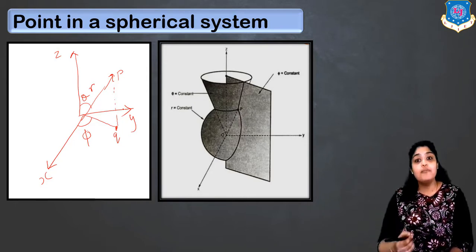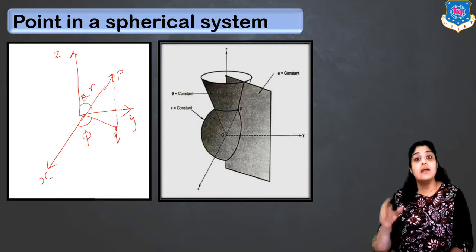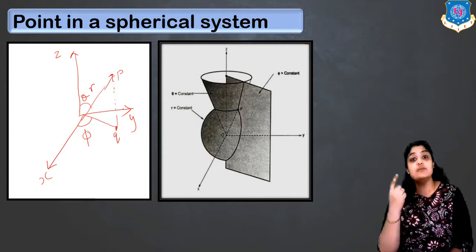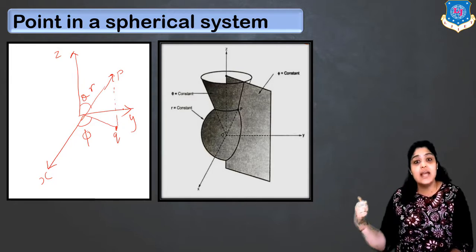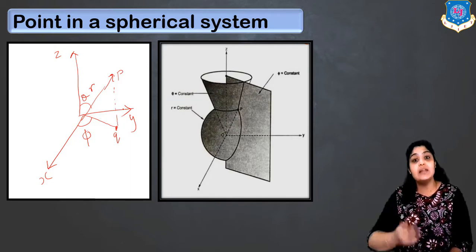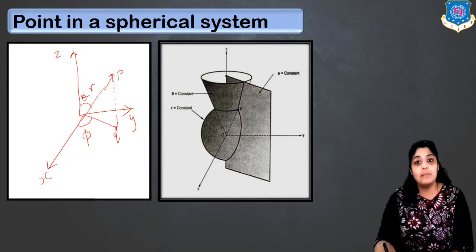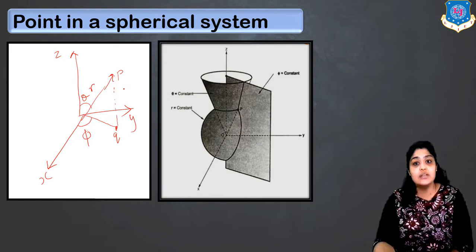The coordinate of P, I have r as a position vector. Then r can rotate with respect to the z-axis by a change in angle theta, and its projection which I have taken on the xy plane is also making an angle of phi with the xy plane, and hence I can just represent my point P as r, theta and phi.